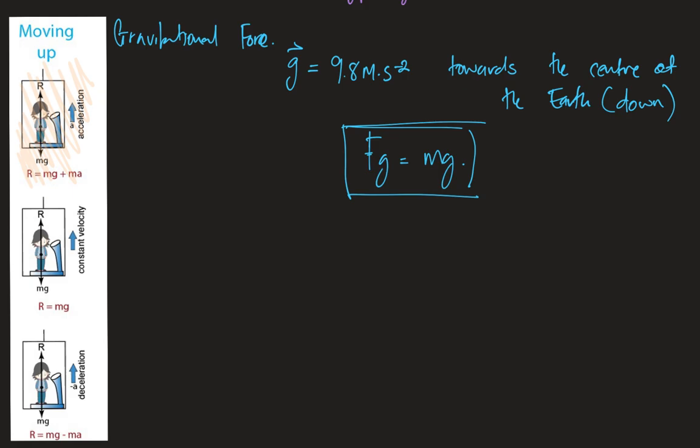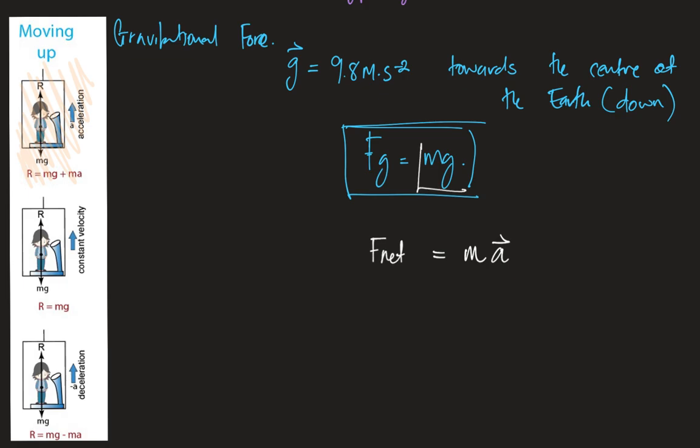So now my problem is I need to sort out all of my information. So let's just have a look here. I know that F net is equal to ma.